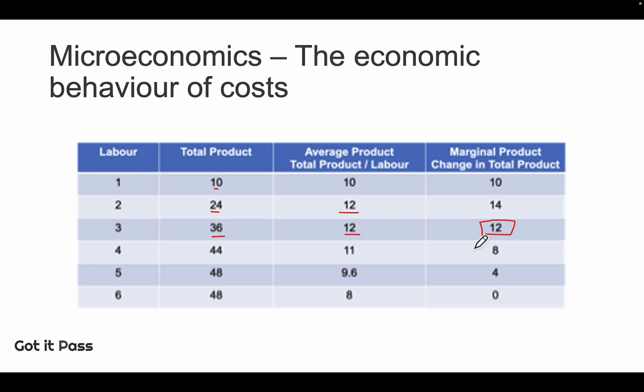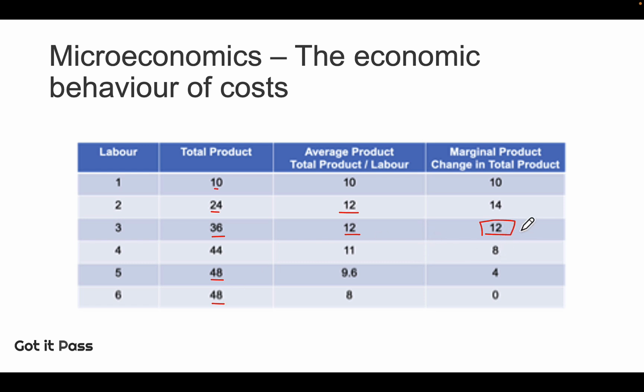So if we move on to the fourth labor, fifth labor, sixth labor, the total product for this production line achieves the optimum at 48 at 5. Even if we increase 1 more labor in the production line, the total production volume stays the same at 46.